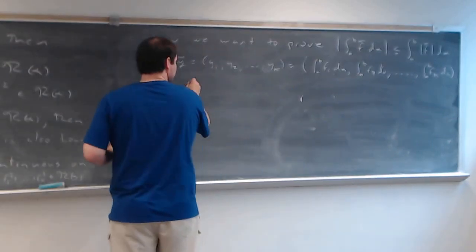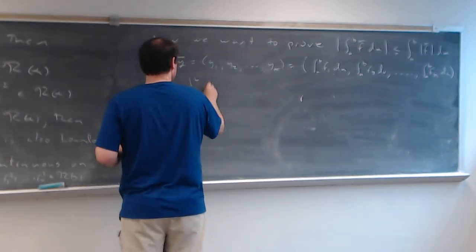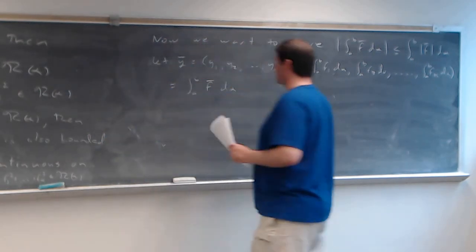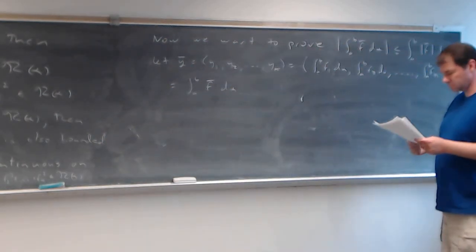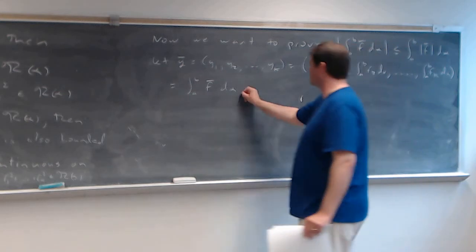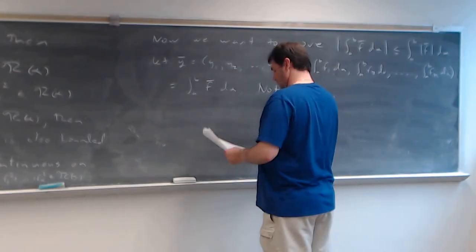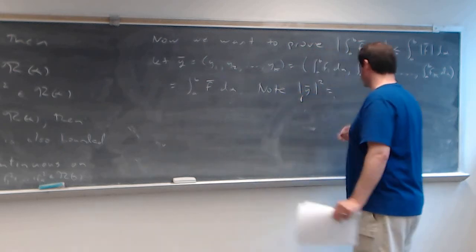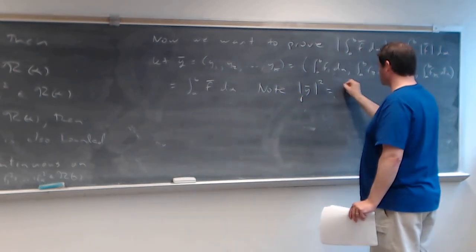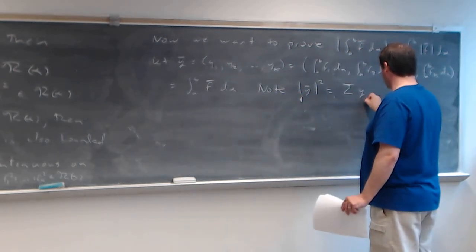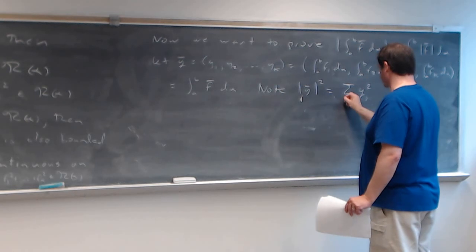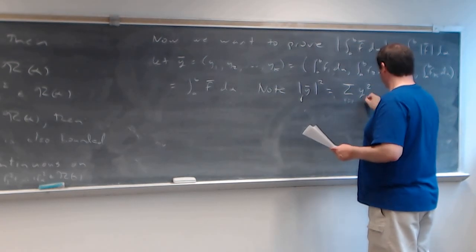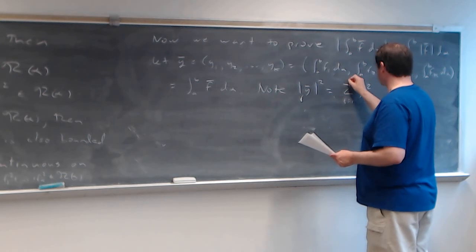And of course, that's equal to the integral from A to B of f bar d alpha. So, that's what y bar is. Now, note, the norm of y bar squared, by the definition of this norm, is really the sum of the yj's squared. Say j runs from 1. I used i, so I'm going to keep that. As i runs from 1 to n.